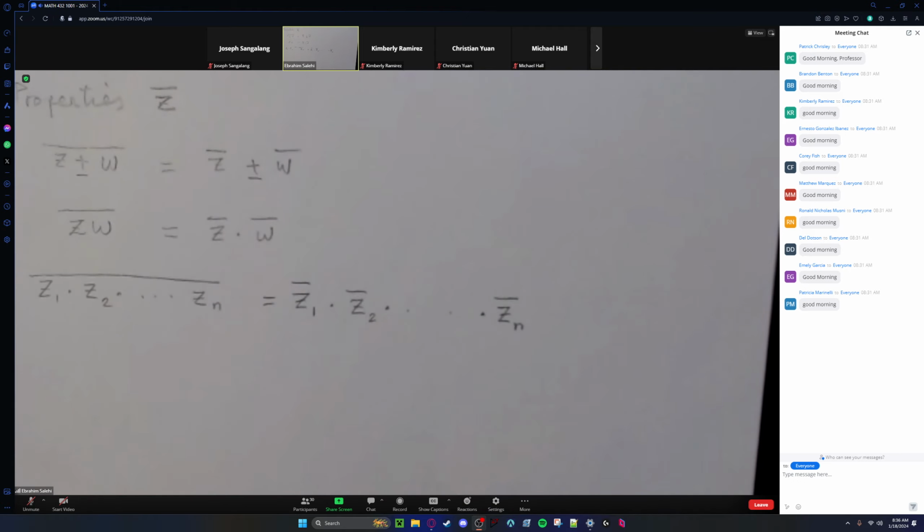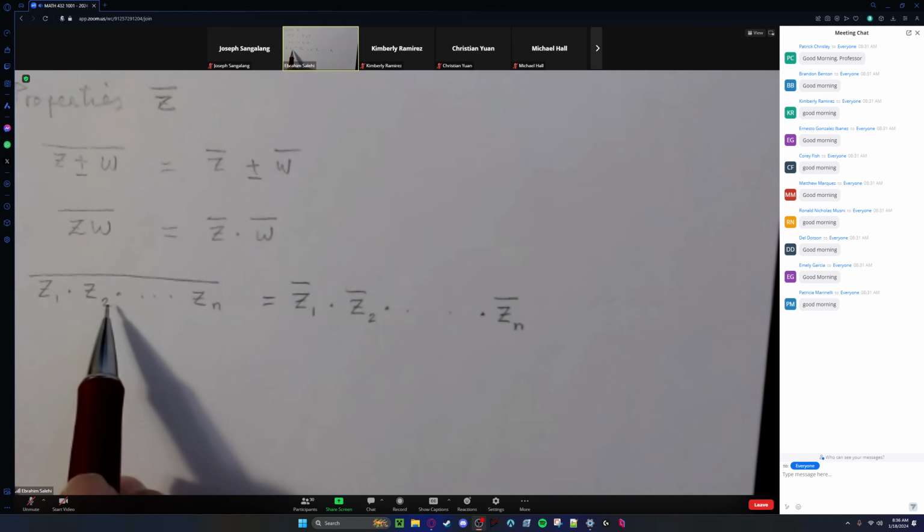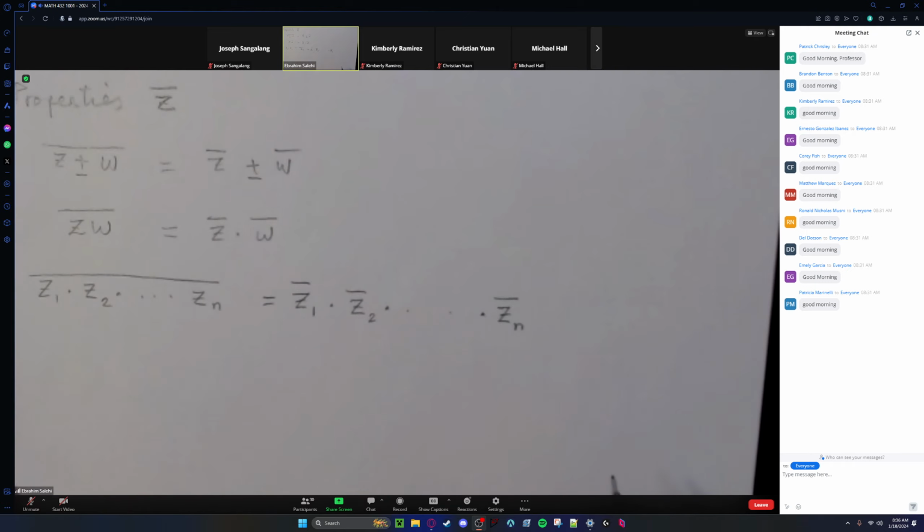Especially this becomes very interesting when all these z1 to zn are equal.